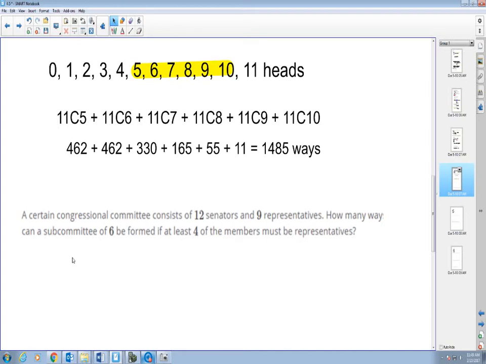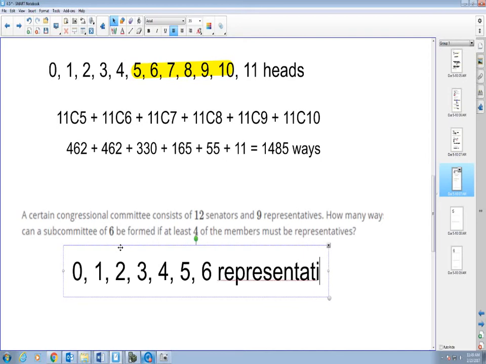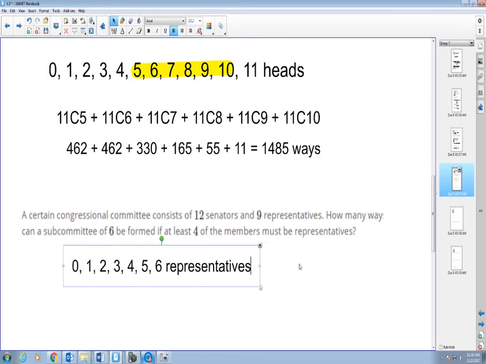So our possible scenario is having 0 representatives, 1, 2, 3, 4, 5, all the way up to 6, because this subcommittee has 6 people. At least 4 members means what I want is 4 all the way up to 6. This is what I want.